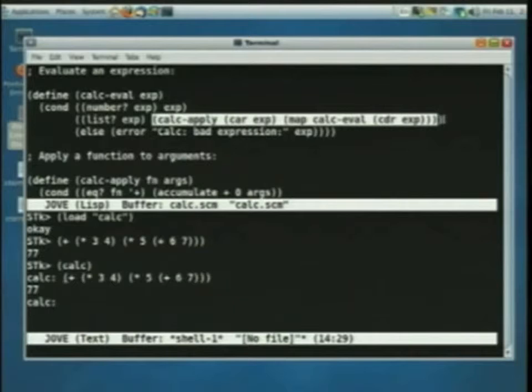So we can look at the interpreter and ask questions like, how would I change this interpreter if I wanted, just like Scheme, only normal order? Right? And the answer is, you would not call map in here, but just use cdr of exp as the second argument to apply.